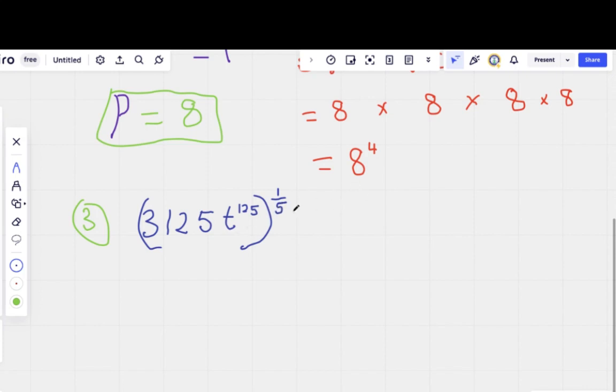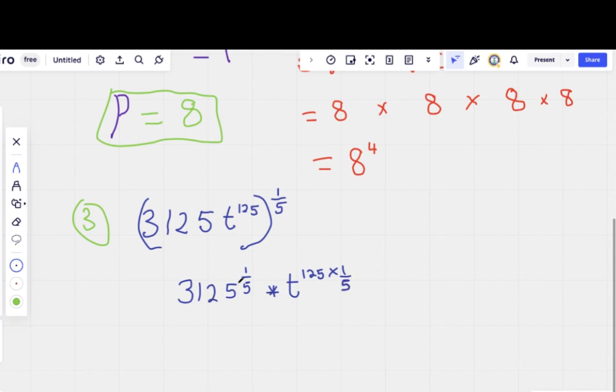So it's the same rule we'll be talking about. So this 3125 will be this power. It's like raised to power 1 all over 5, which means we're going to find the fifth root of this number and then multiply t to the power of 125 by the outside power, 1 all over 5.